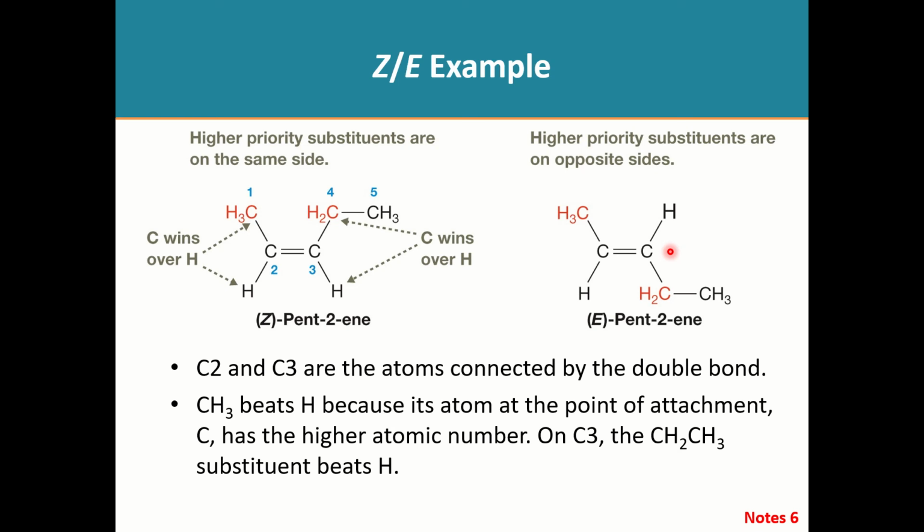They're different molecules. They're going to have different physical properties, but they have the same parent name. So how do we distinguish between these two? Well, we have to use the Z and the E. And so you just stick the Z in parentheses at the beginning of the name. So we have the Z pentene and then the E pentene. So we're just adding another layer of understanding to how to name molecules. Z and E. Okay?